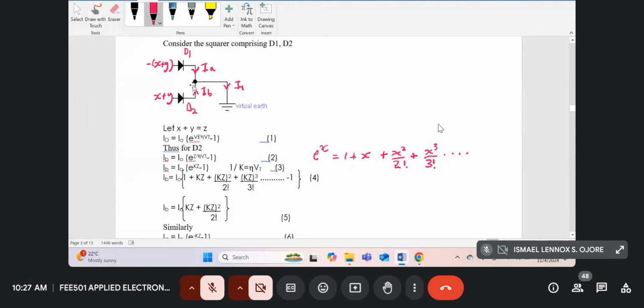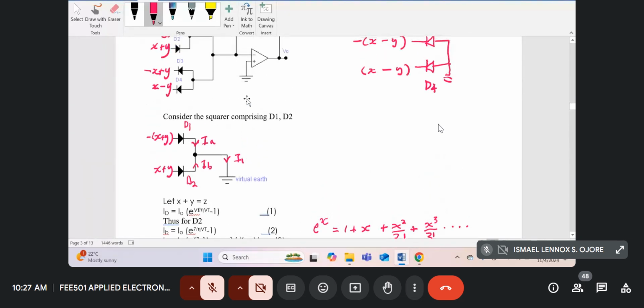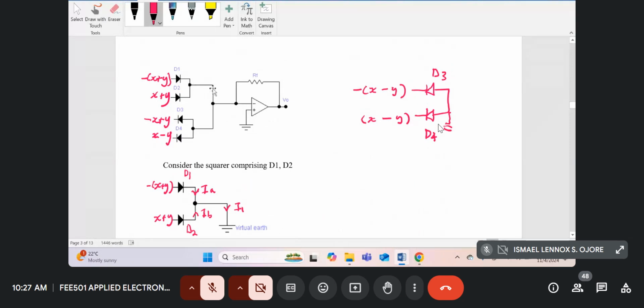And the resultant current going to the ground, which is actually a virtual ground, I'll call it I1. Now that is from this circuit. This point here is earth. This point is virtual earth. So this virtual earth extends up to this point.